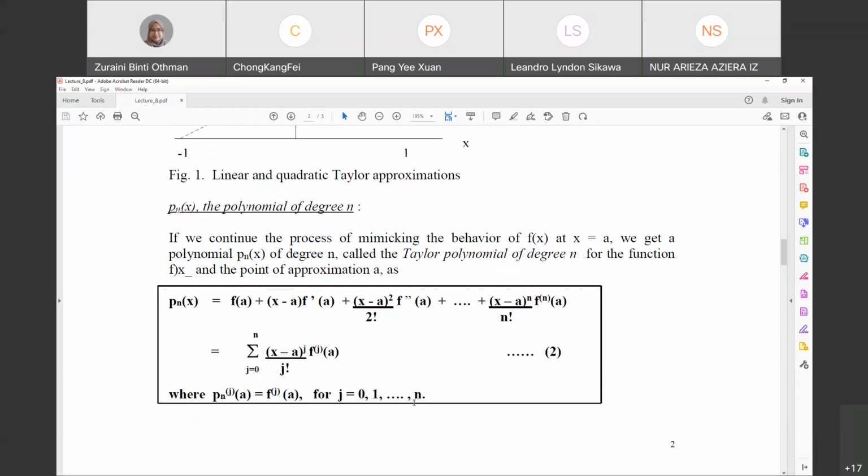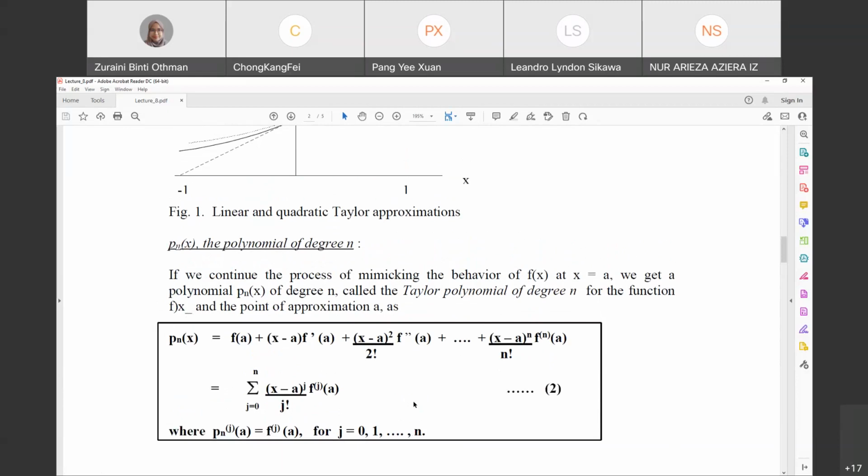Faham ke tak ni? Rasa macam blur sikit kan, sebab benda ni is new to everyone. Betul tak? Masa STPM ada belajar? Tak ada, saya tak belajar math.